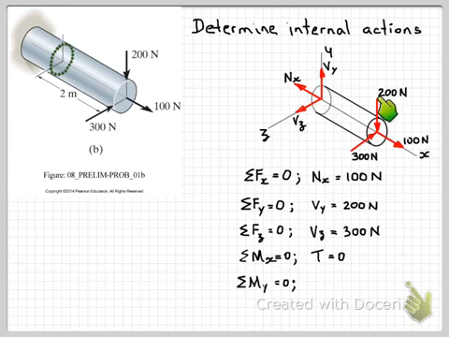The 200 Newton force is parallel to the y-axis, so that's not going to cause a moment. And all we have left is our force in the z direction, which is at a distance of 2 meters from our y-axis, so that's going to have a turning effect around this way, around the y-axis. So we'll need that.